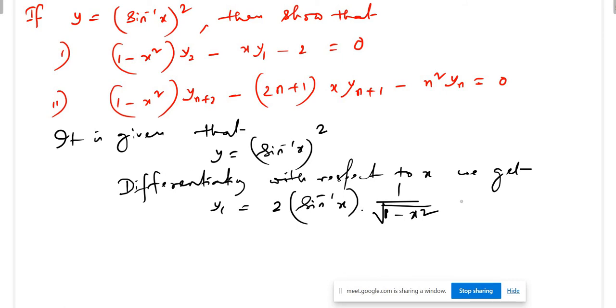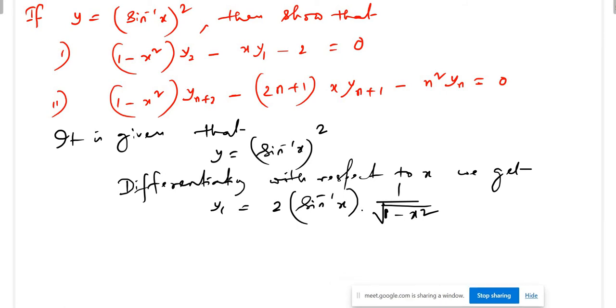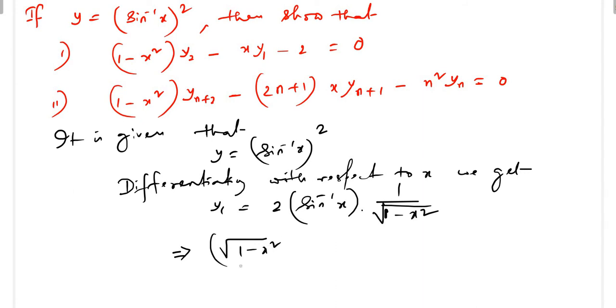I think everybody knows the derivative of sine inverse x. So root over 1 minus x square into y1 equal to 2 sine inverse x.